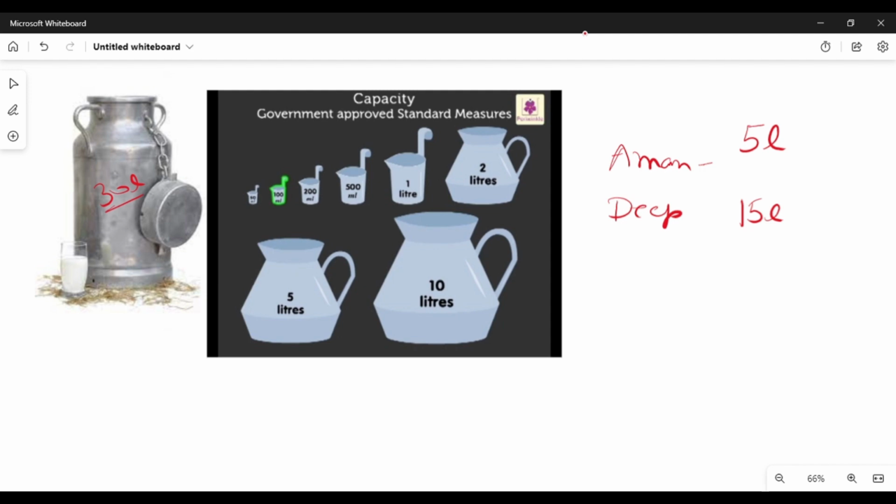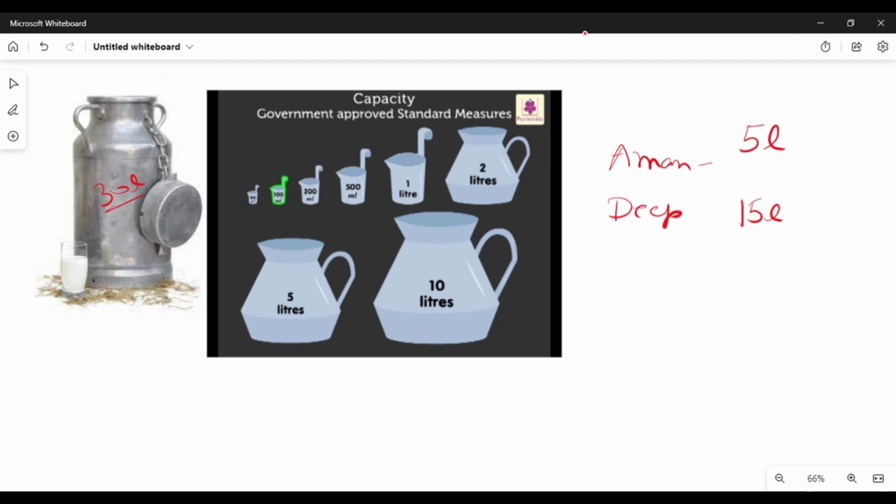Like if he wants to measure 5 liters, the question is that he can take only one of these utensils to measure the milk. He has gone to the market and he needs to purchase only one such container to measure such milk. He can carry only one with him, not two.